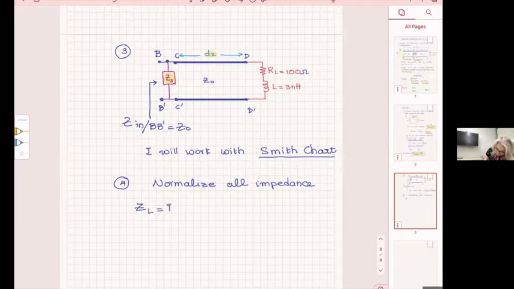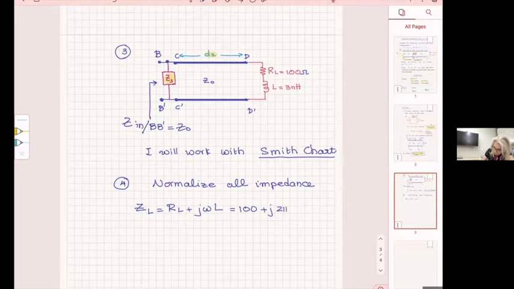To find ZL, I have to write it as j omega L. So this is 100 plus j 2 pi F L. Now, let me calculate 2 pi F L. That's going to be 2 pi, F is 10 gigahertz, 10 times 10 to the 9, and L is 3 times 10 to the minus 9 Henry.